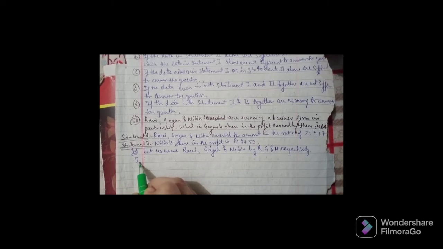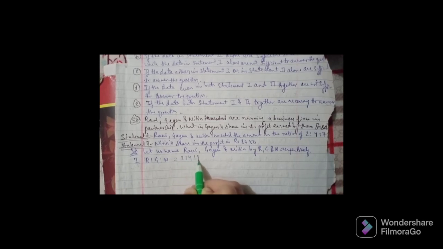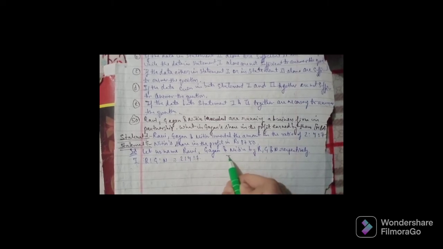According to the first statement, R:G:N equals 2:4:7. And according to the second statement, N equals 8,750.